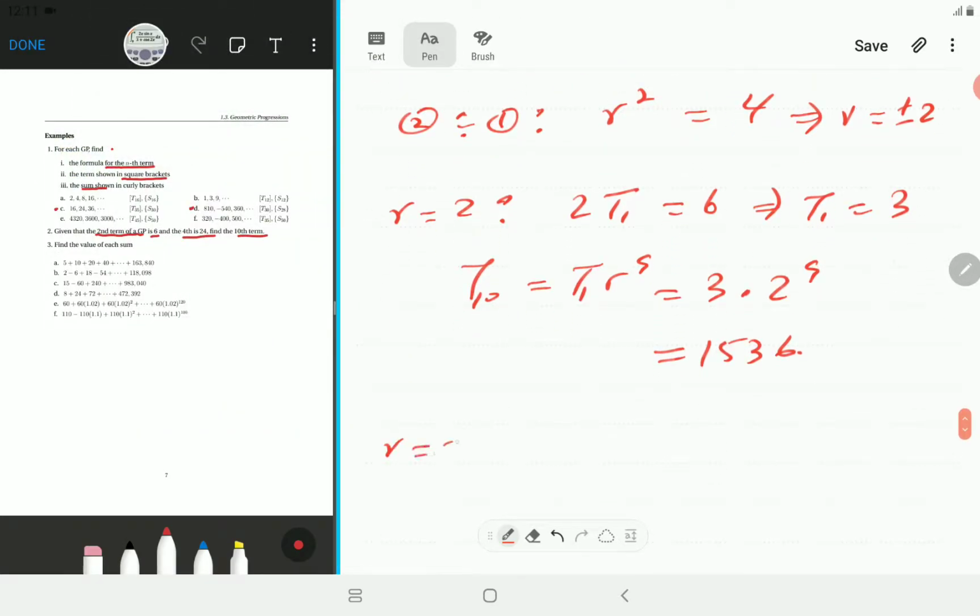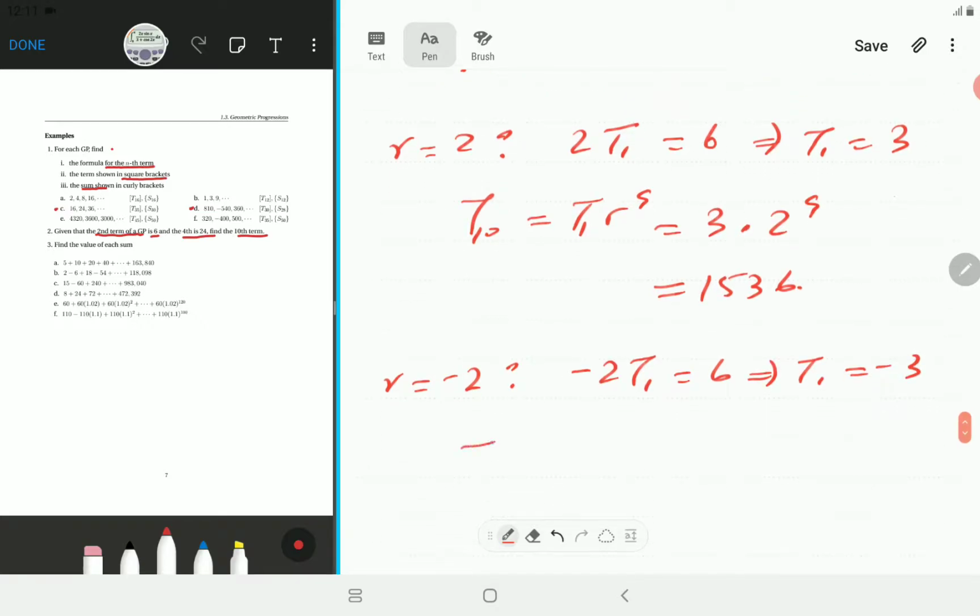If R is negative 2, then negative 2 T1 is 6, and so T1 is negative 3. So in that case, T10 is going to be negative 3 times negative 2 to the power 9.